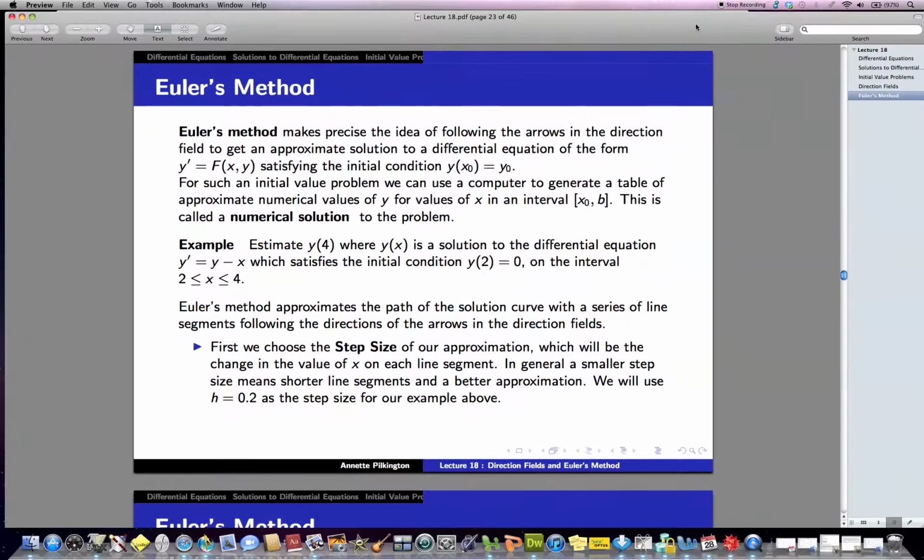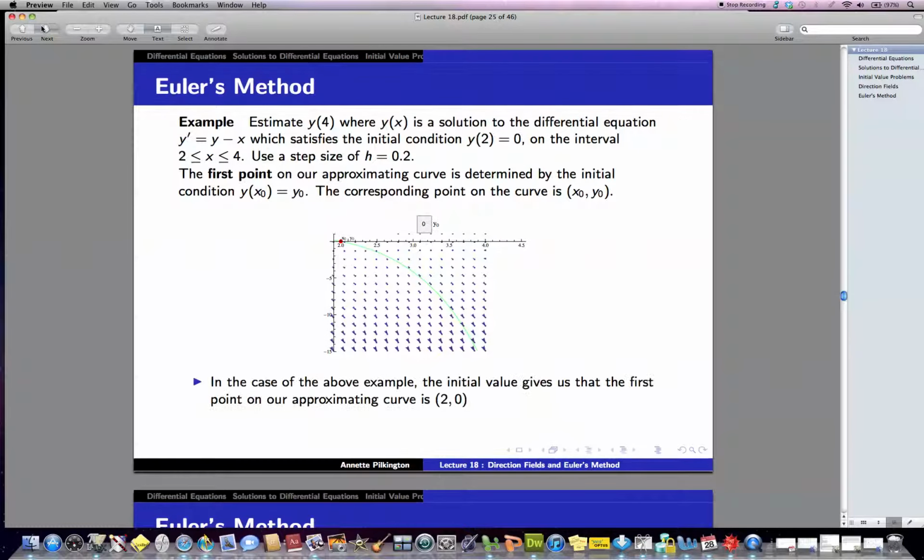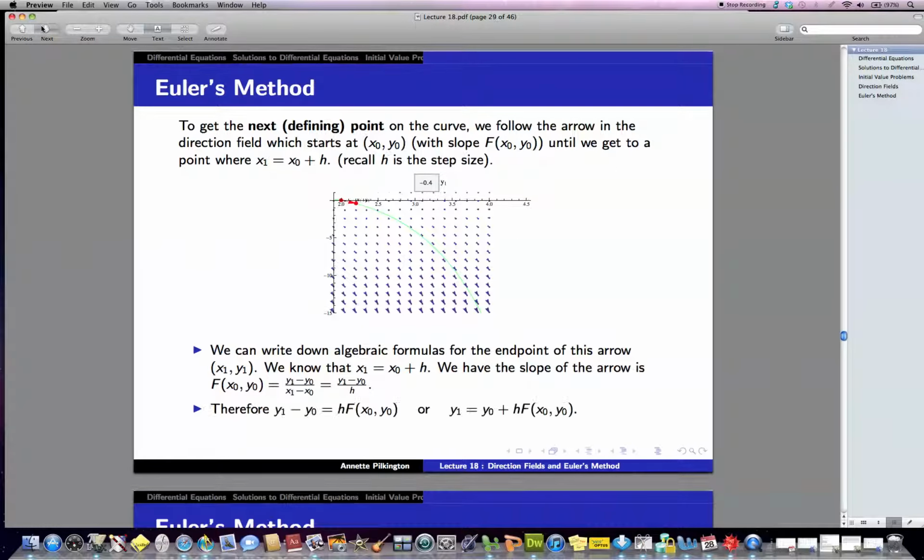As we work through this, we can actually write down a formula for x1 and y1, x2 and y2, and so on. Remember, we know the actual value of the initial point, x0, y0.